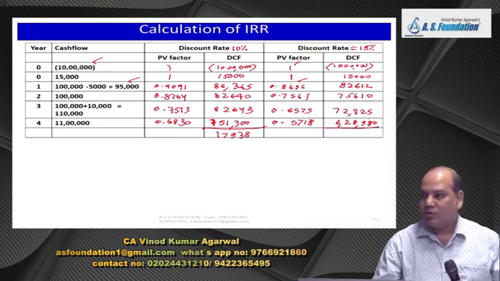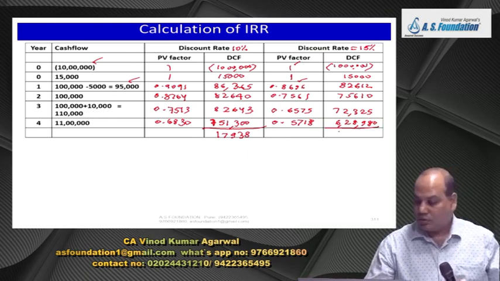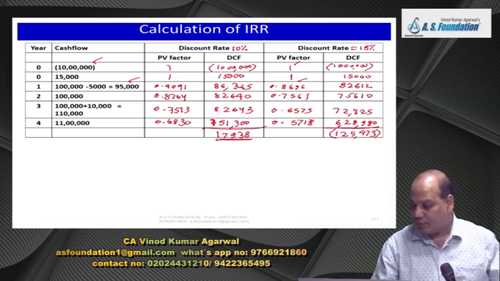Check the answer. If this goes wrong, then it is a serious problem. 1 lakh, then 25,473. Negative. No problem. Which means my answer is between 10 and 15 only.